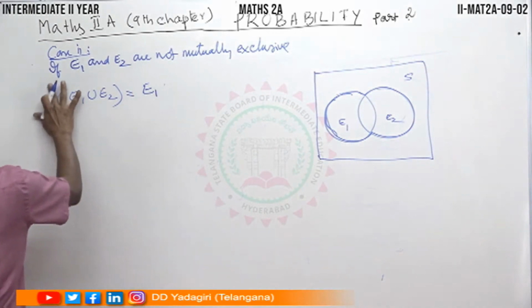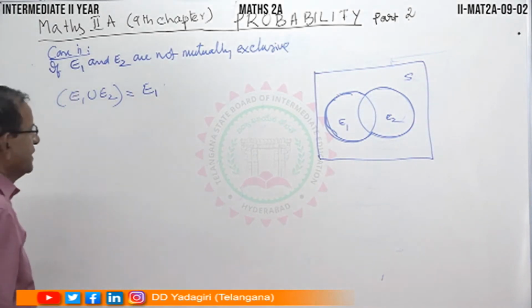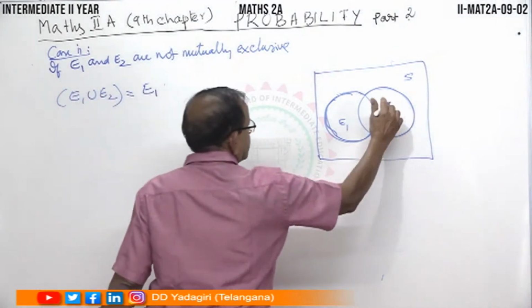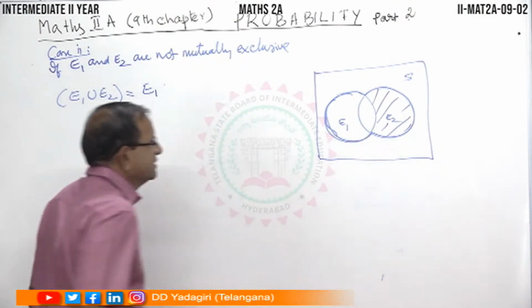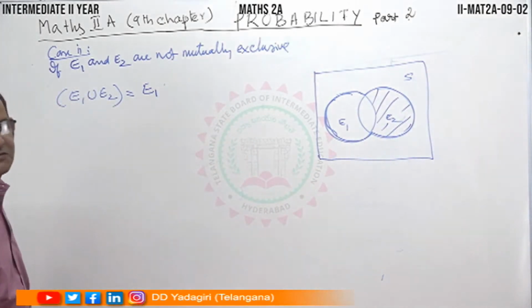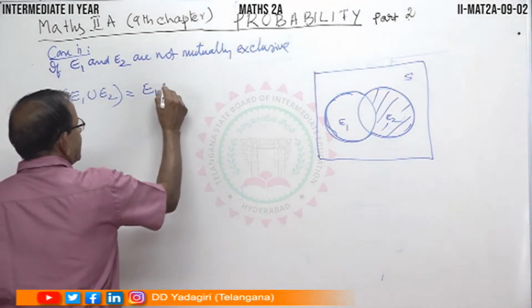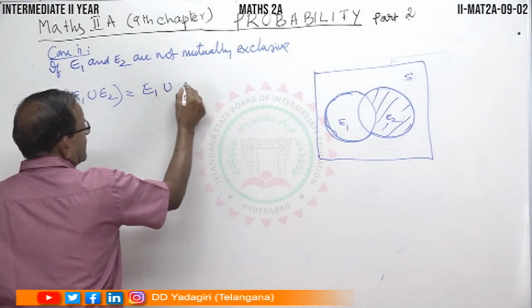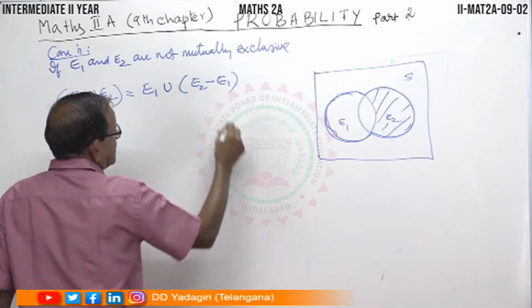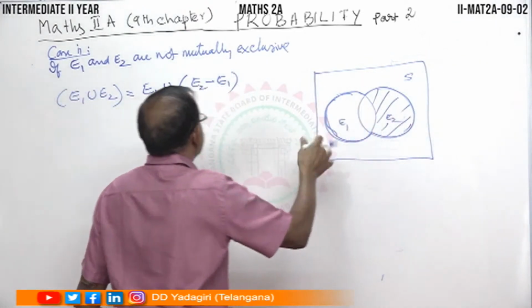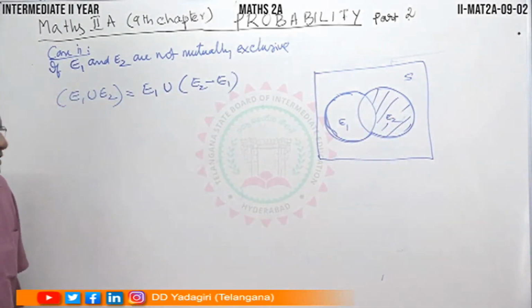First of all, I will write what E1 union E2 is. E1 plus this part. What is that part? That is E2 minus E1. E1 union E2 minus E1 means this shaded part plus E1 will give you E1 union E2.